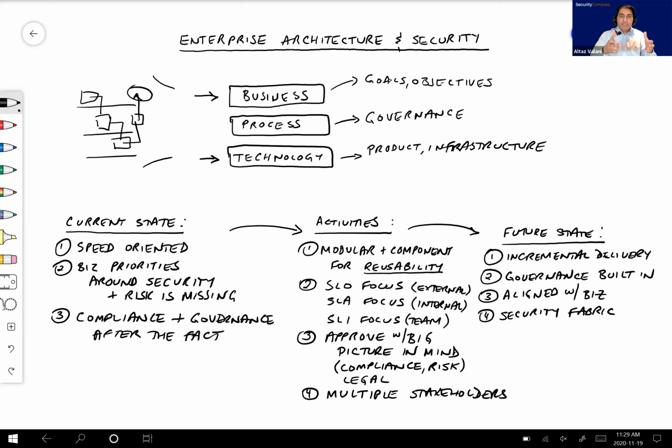Even what we used to do historically about trying to move quickly with agile delivery and looking at speed to get things out, if we now look at componentizing this stuff and making it modular with the intent that these are going to be building blocks for the future, this is in fact now the modus operandi for how we can enable greater agility for the business to move forward. And we're using security as the vehicle to help enable that.